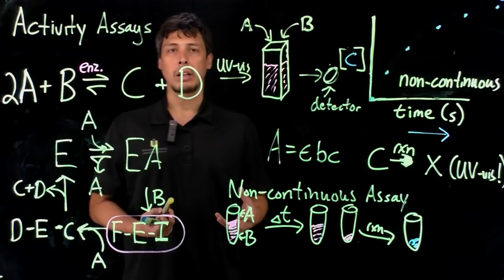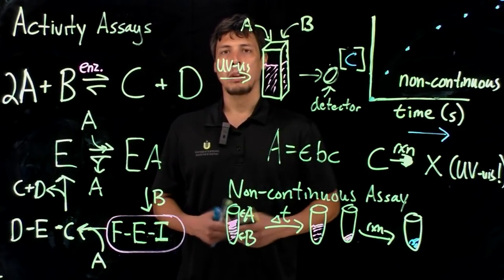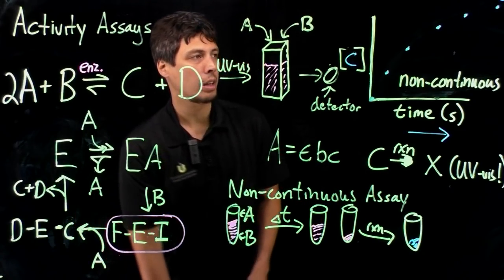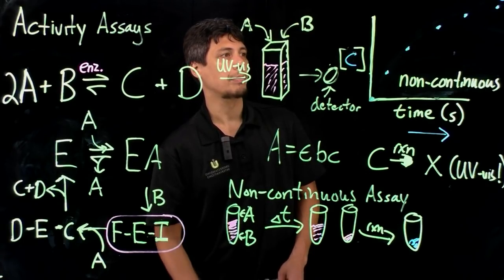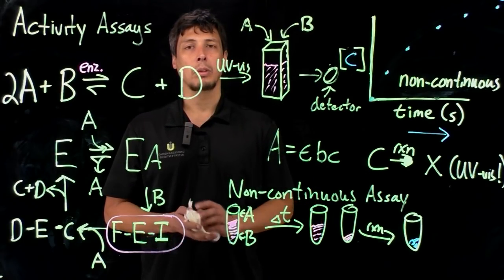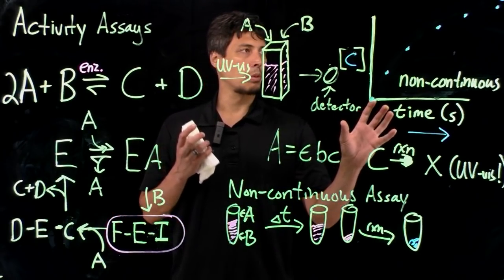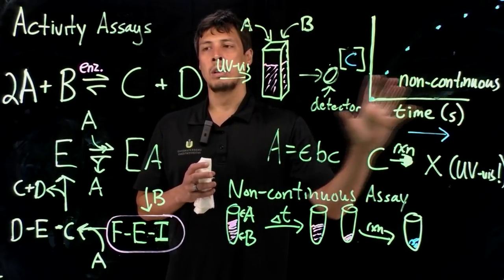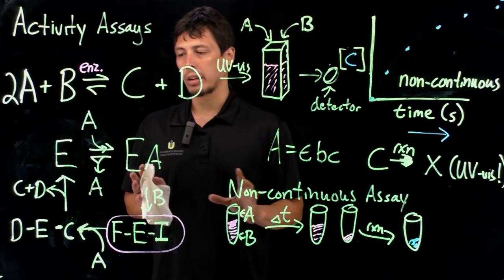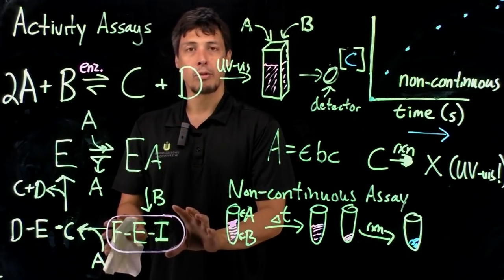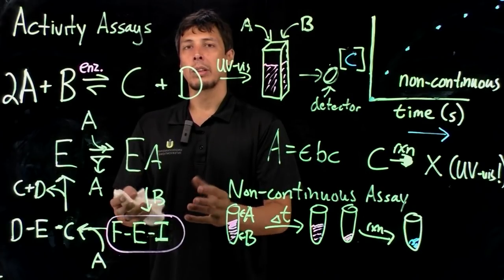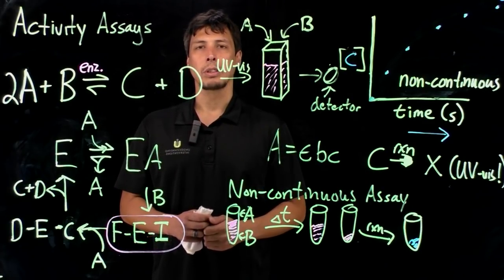And while you'll still get data, it may be less reliable. And in that way, you may not be able to get quite as good data, but you may be able to get enough data to start the study at least. But importantly, we need time dependence of product formation before we can look at different things, such as formation of intermediates, which we can then use to determine structure-function relationships.